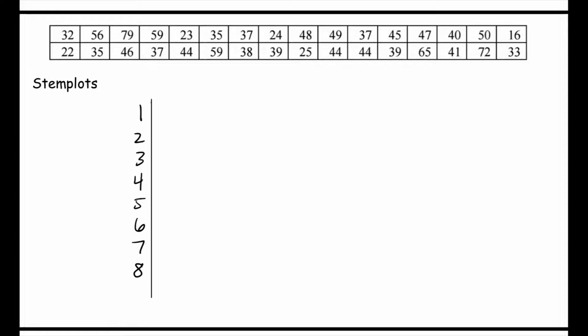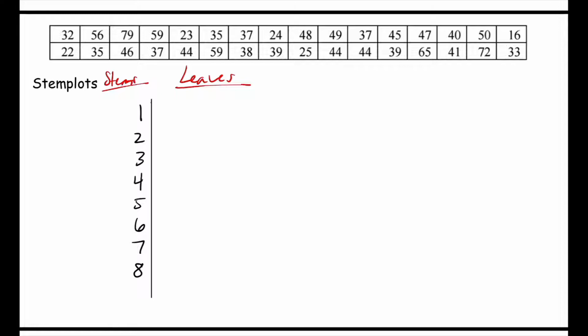So you might be thinking, well, if it's 10, 20, 30, 40, 50, 60, 70, 80, where are the zeros? Those are going to be on the leaf side. The ones are on the leaf side. The tens are on the left side. That's the stems. The leaves are on the ones side.